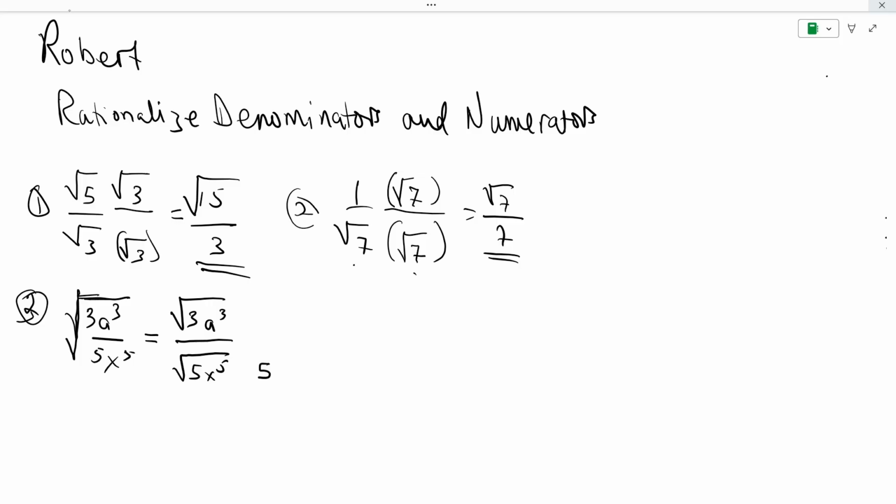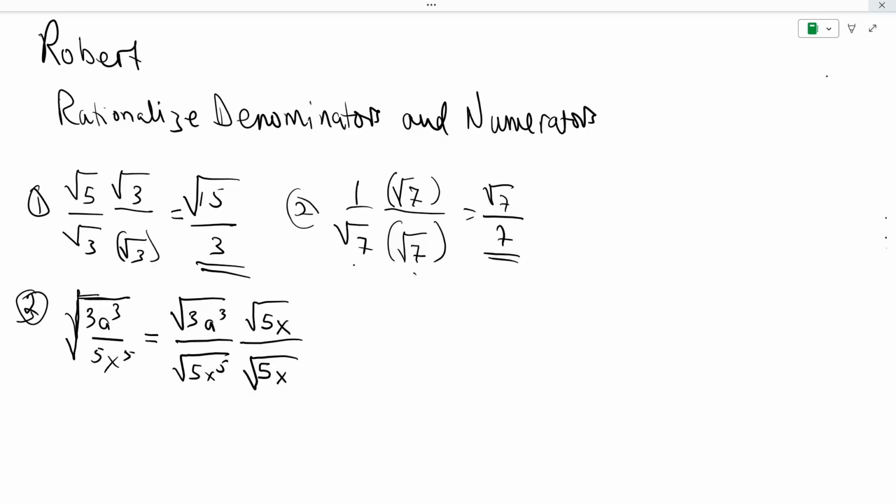And then this is x to the power 5. This is an odd number. So we need to add an x here, which will give us x to the power 6. So that is multiplied by the denominator. And we have to do the same for the top part of the expression.